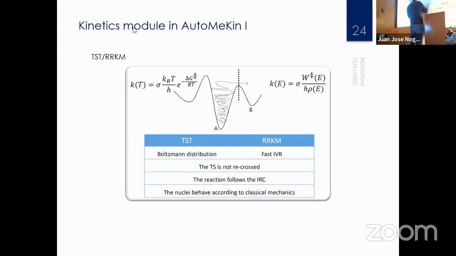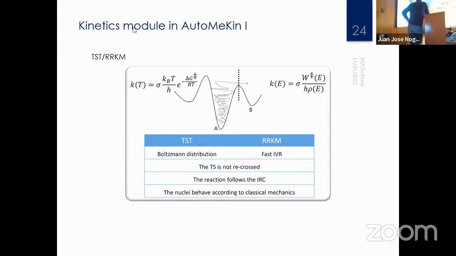The IRC leads you from one place to another, but if there is a bifurcation, you can end up in one product or the other, whereas the IRC will lead you only to one of these situations. So the only way to solve that is to run dynamics. There is no other way. You cannot use statistical theories if you have a bifurcation of the minimum energy path.